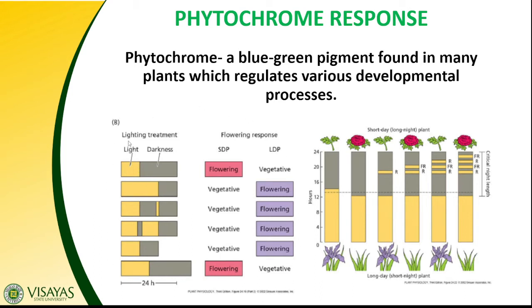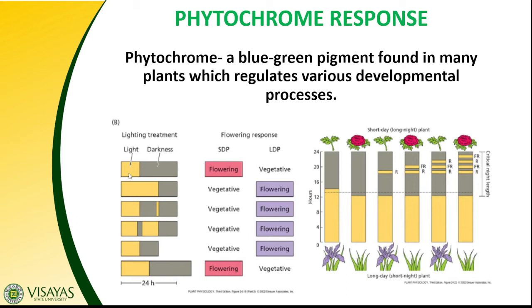Okay. Here we have this lighting treatment, and under the lighting treatment we have this light, the yellow color, and the darkness, this dark color part. This is in a 24-hour cycle, and we have the flowering response for SDP or short day plants and LDP or the long day plants.